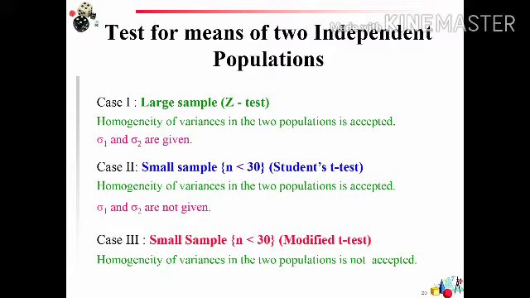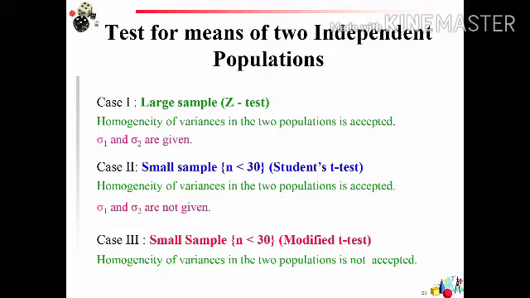Case 2, when the sample size is small, that is less than 30, we apply Student's t-test or independent sample t-test. And the last one is case 3, when n is less than 30, then the modified t-test will apply.